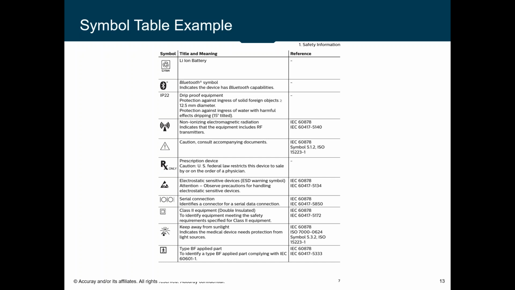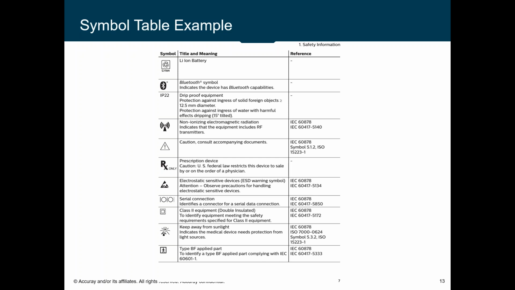So I wanted to give you a quick example of what a symbols table should look like within your labeling, within your IFU. And this actually shows the reference. So you would want to say what is the standard, what is the symbol, and what is the number next to each one of the standards, the symbols that you're referring to.